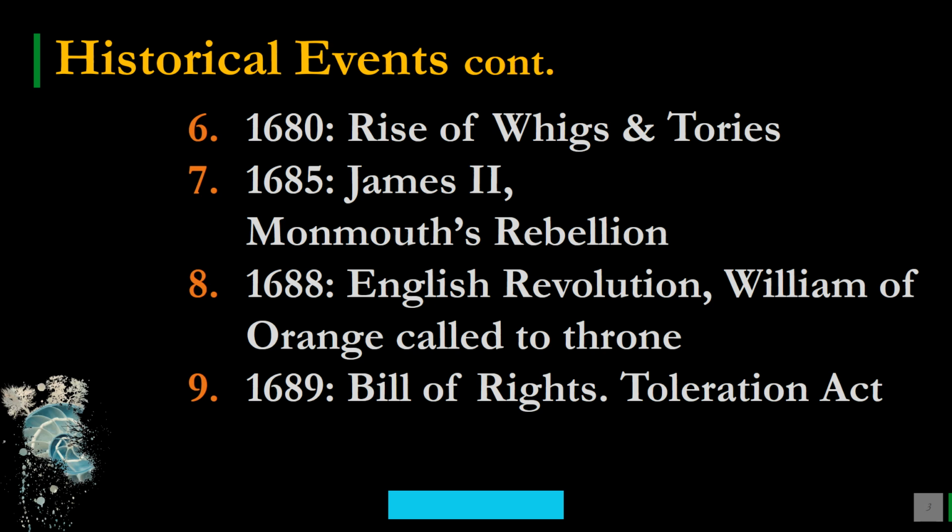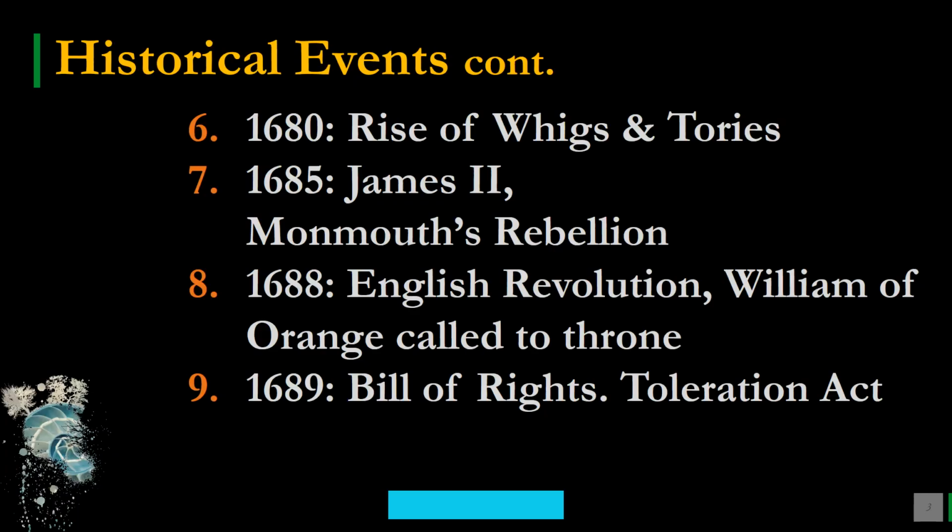Next we have 1685, James the Second came on the throne, and again we have Monmouth's rebellion in the same year. Now what is this Monmouth's rebellion? Monmouth's rebellion is basically a rebellion against King James the Second, because King James the Second was accused of having the views of the Catholic Church, or basically he is related to the religion of that period.